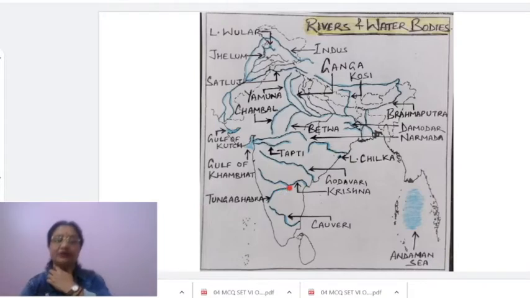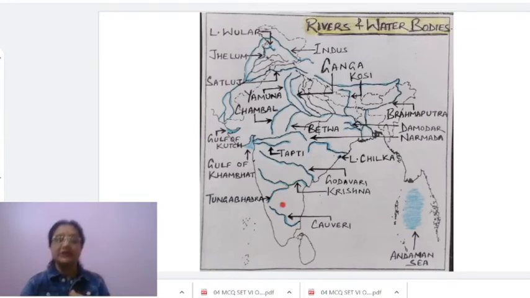Whenever it comes, keep this clearly in your mind, only Tungabhadra is to be marked. The question is not to mark Krishna but Tungabhadra. So you just have to start from this point and go till the point where it is joining Krishna. Only till that point you have to mark Tungabhadra, not beyond that. Be very clear about it, because it is a tributary.